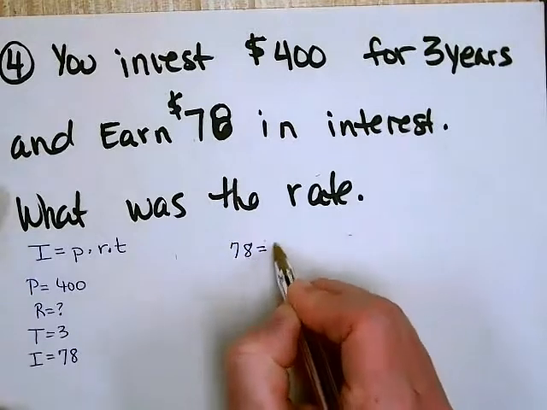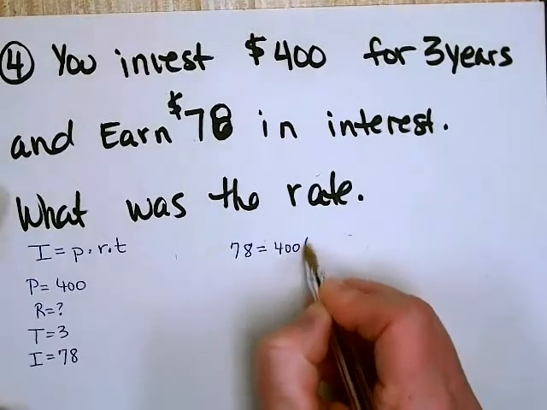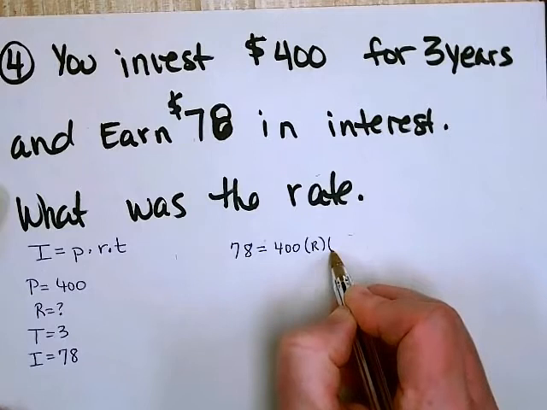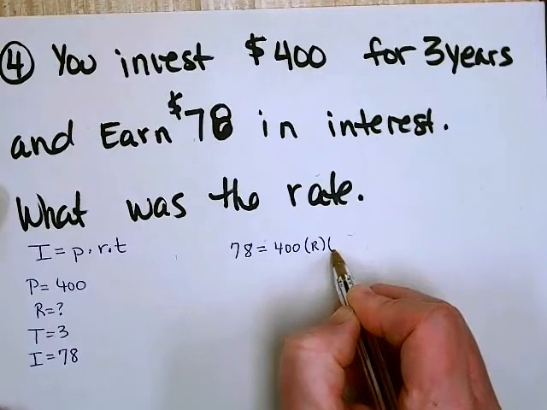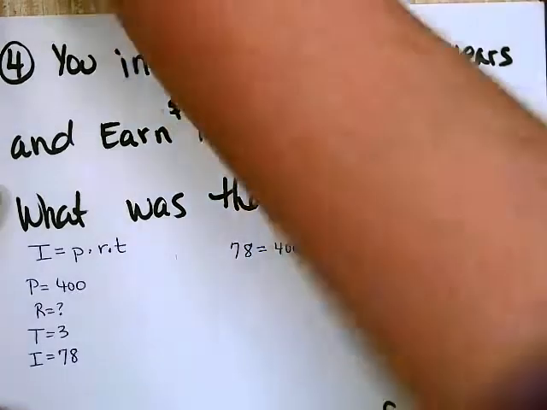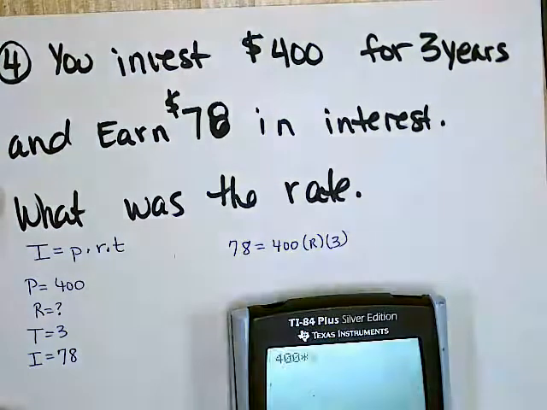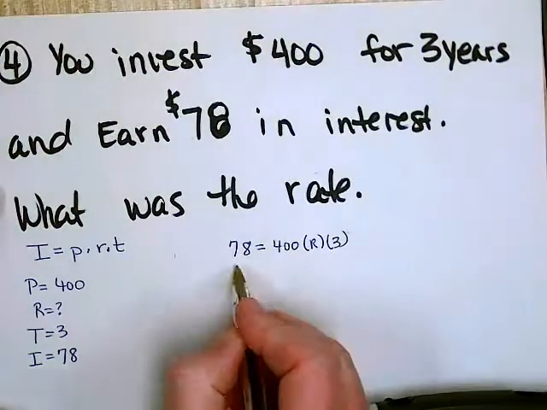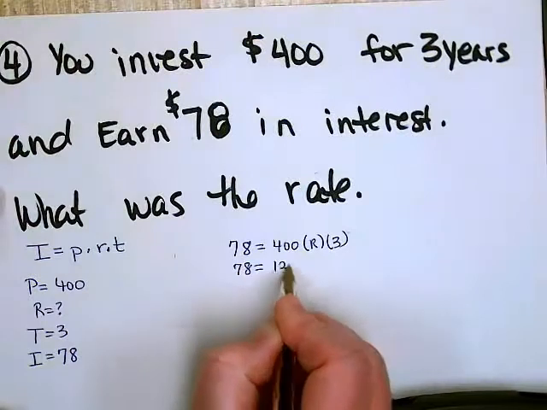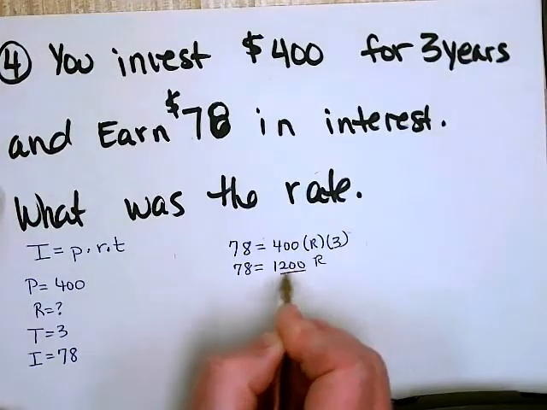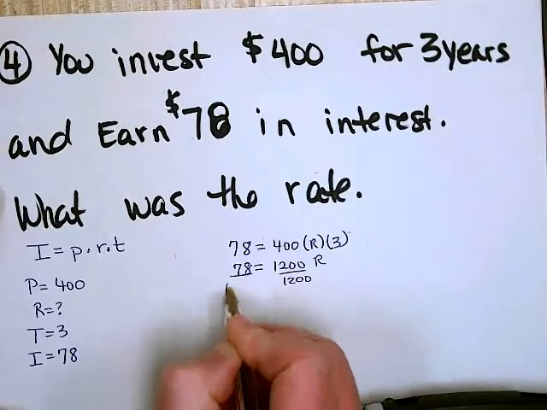78 equals 400 times R times T, which is 3. So we're going to have to multiply together the 400 and the 3. So 78 equals 1200 R. Divide by 1200.